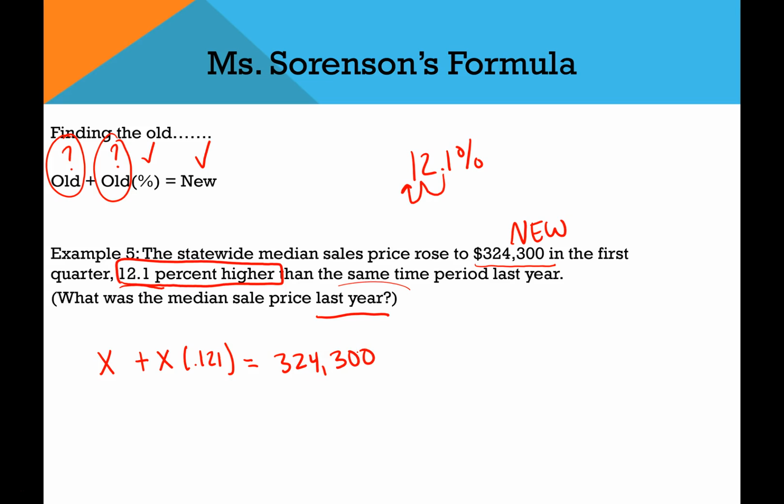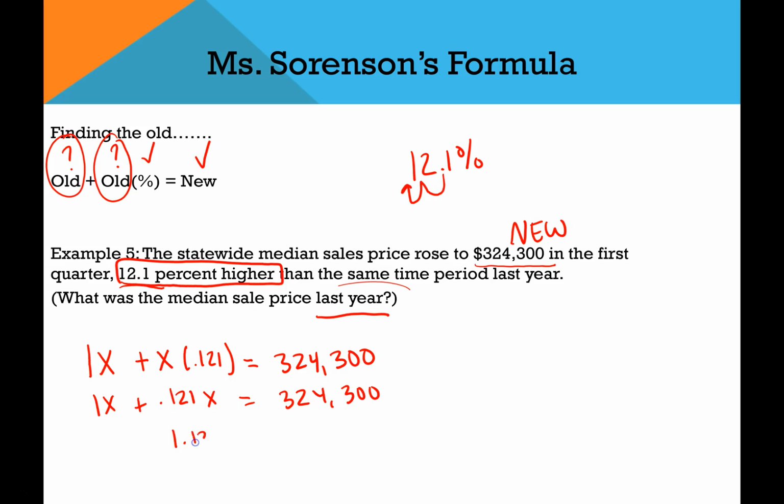Okay, now we need to solve this equation, and to help you do this, you have to put a 1 right there. So 1x plus a 0.121x, right? I can rewrite this as 1x plus a 0.121x equals 324,300. So if I add 1x plus a 0.121x, well, that's combining like terms.